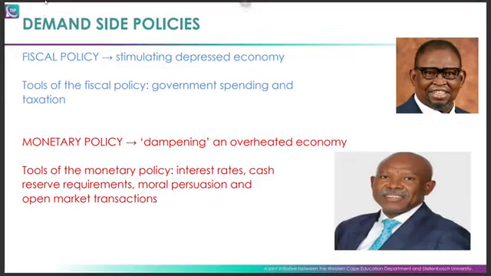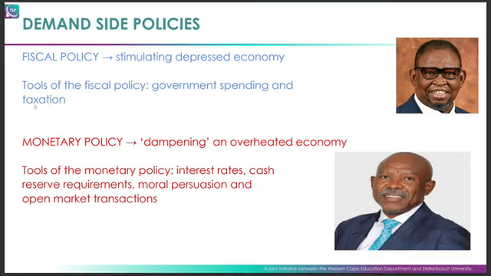Right. So with your demand side policies, when the economy is depressed, they will use the fiscal policy in order to stimulate that. And the tools of your fiscal policy is government spending and taxation.